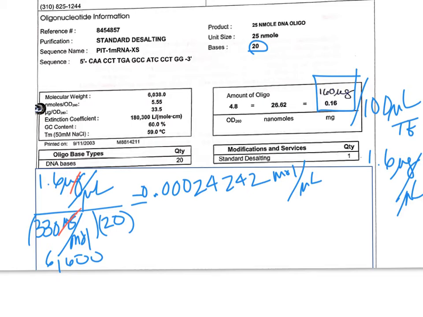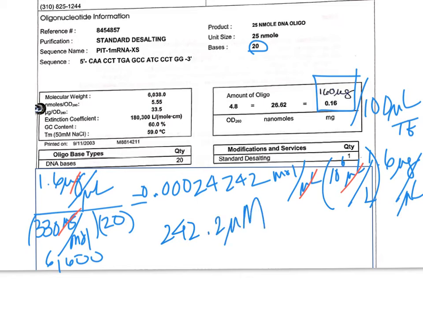And so we want molarity, so that is 10 to the 6 microliters per liter, so that we're going to get those guys to cancel, right? So then if we do that math, we get 242.2 micromolar.